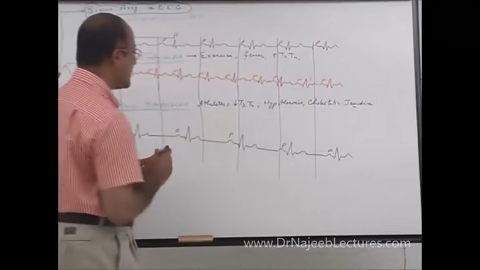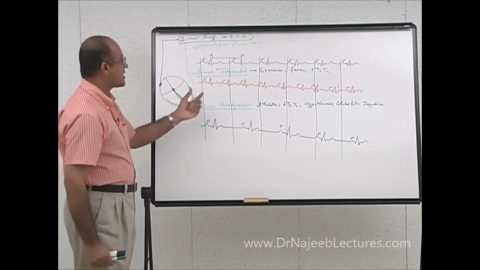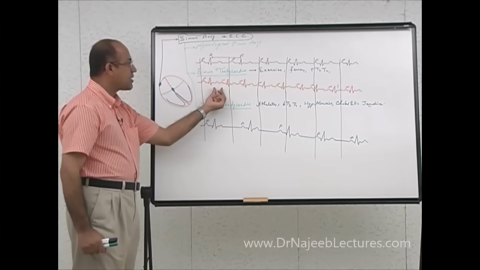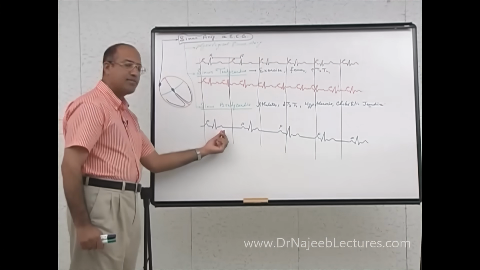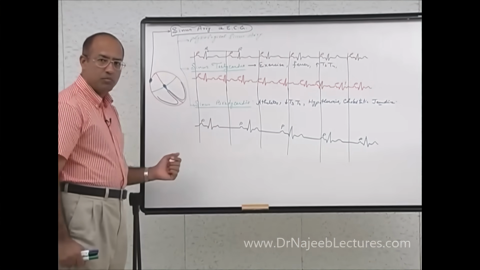So what we really see is that in case of sinus tachycardia, RR distance will become less, but in case of sinus bradycardia, RR distance will become more.